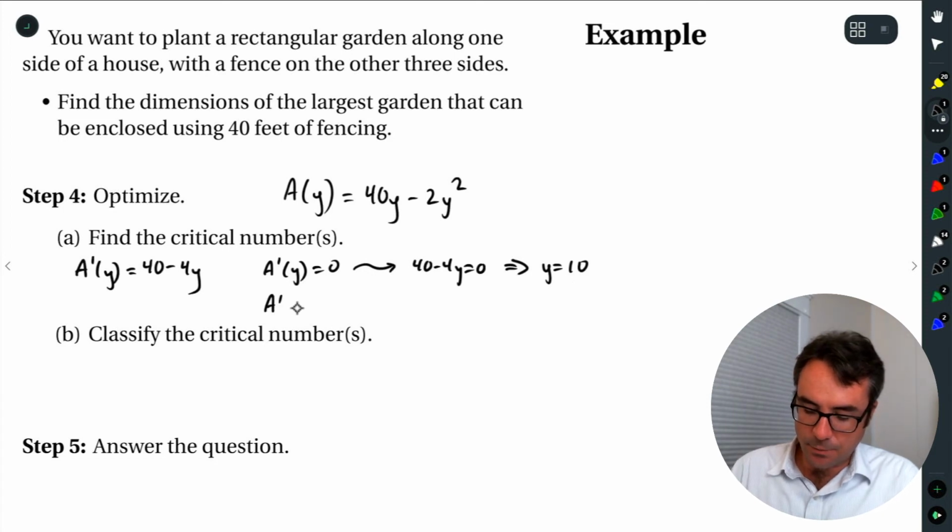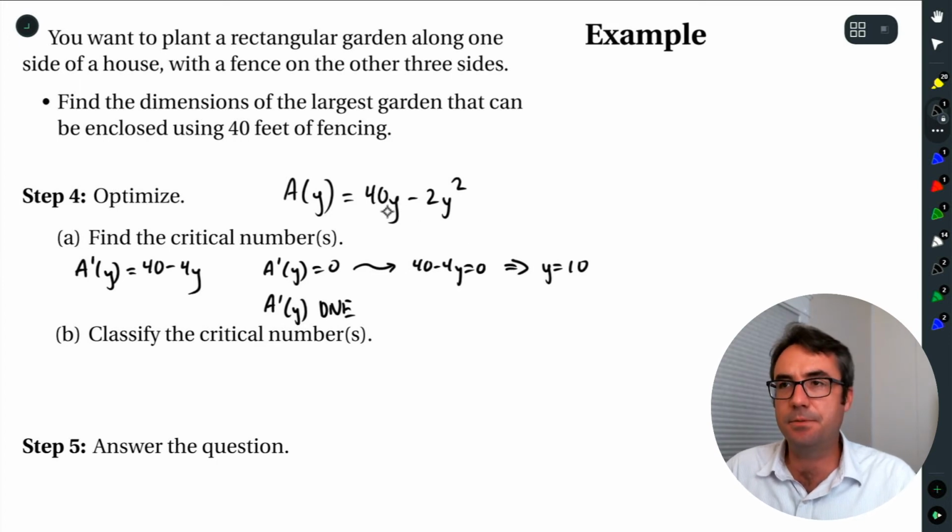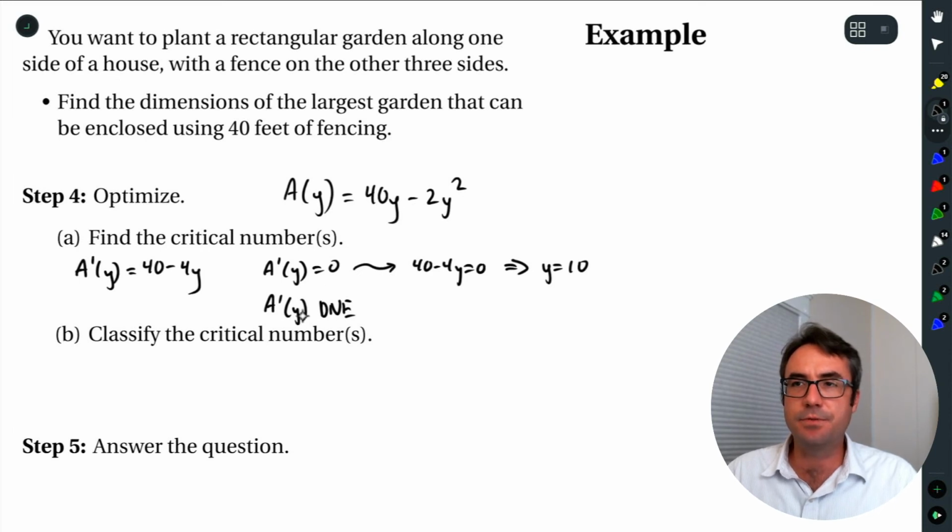I also want to look at where the derivative is undefined, but that only happens if I have division by 0, and this is just a polynomial. I don't see any division. There's no log functions, no square root functions, nothing that usually gives me some kind of trouble. This derivative also is a polynomial, also always defined. So no problem here in terms of an undefined derivative.